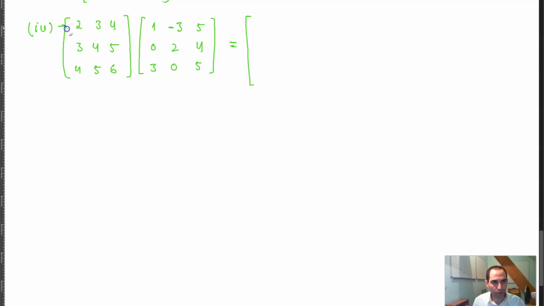This row times this column, you'll get 2 times 1 is equal to 2, 3 times 0 is equal to 0, 4 times 3 is equal to 12. Then you have this column, 2 times negative 3 is equal to negative 6, plus 3 times 2 is equal to 6, plus 4 times 0 is equal to 0. This column, you have 2 times 5 is equal to 10, 3 times 4 is equal to 12, and 4 times 5 is equal to 20.